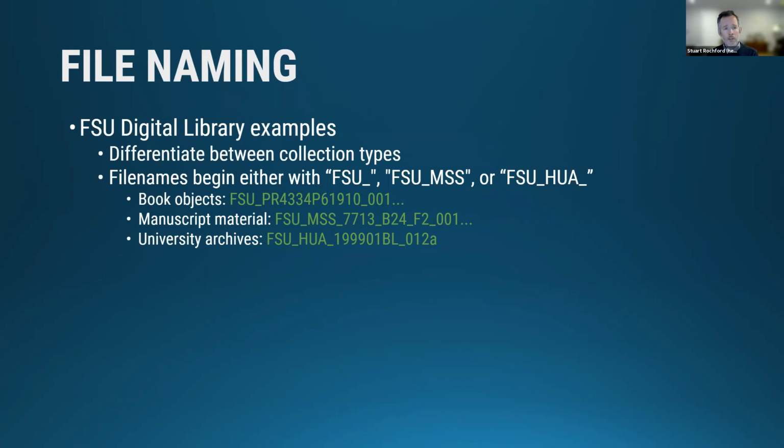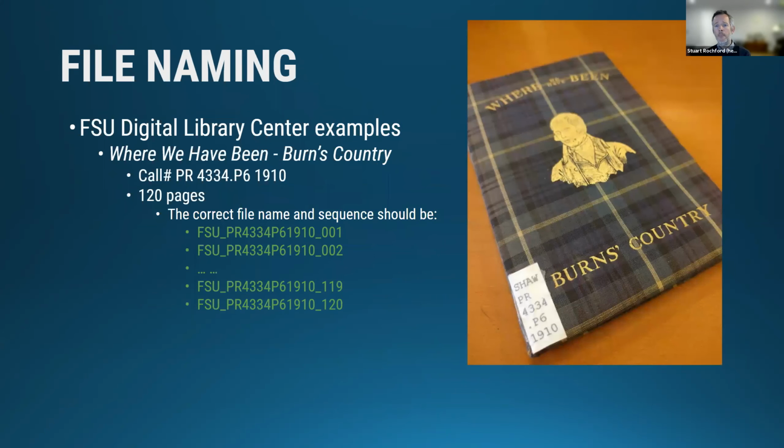So if a researcher downloads a file for whatever project they're working on, say they're downloading a ton of material, if they just have those images in a folder, they're not going to know necessarily where they came from. If they need to find them again, the file names will help lead the researchers and the staff back to the objects if we need them.